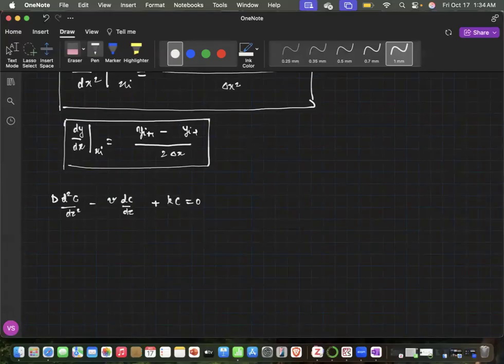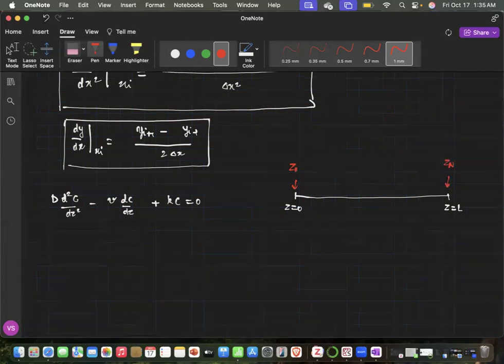So remember, we have our domain from z equals 0 to z equals L. Okay. So this point over here is going to be the first point, so z naught. And this is going to be the last point, so that is z n.